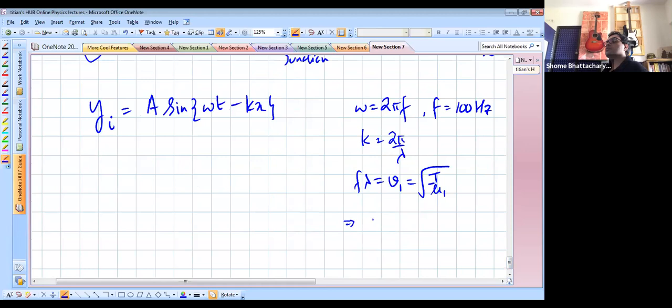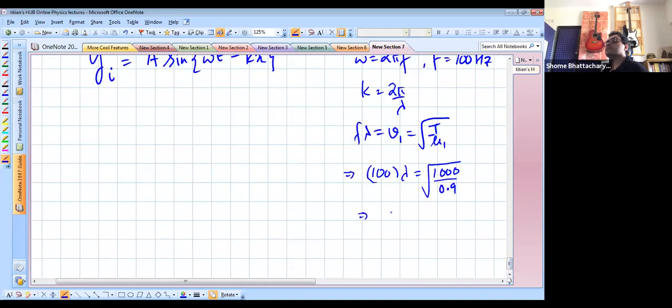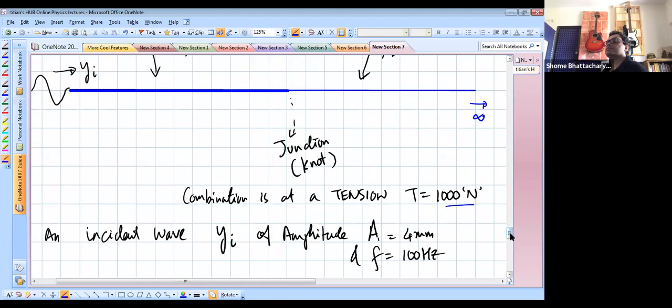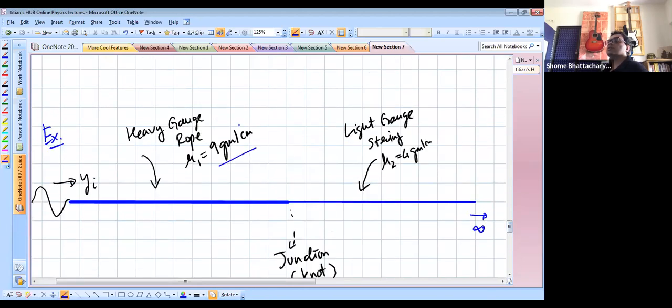So 100 hertz into lambda is equal to square root of 1000 divided by 0.9. So lambda is becoming approximately 1/3 of a meter. I've taken the tension to be 1000 Newton, and mu1 to be 0.9 kg per meter.